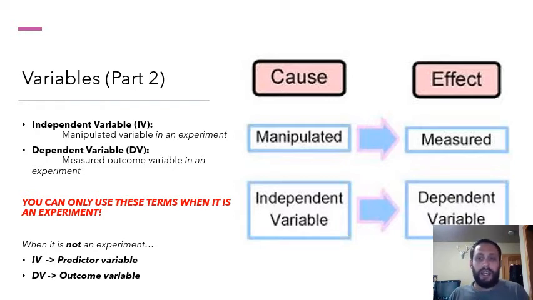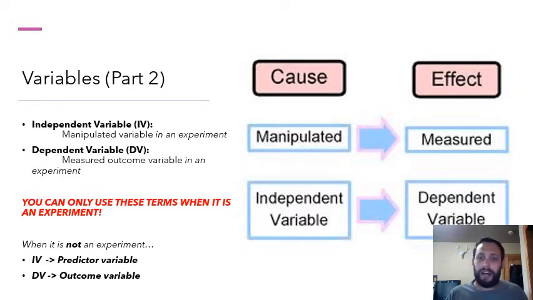So think about it this way. If I manipulate some condition of a study, let's say I make it so that there's loud music in one room and I put no music in another room, and I see how that does on something like test scores, right? So if somebody is trying to take a test with really loud heavy metal music, my hypothesis would be that individuals in the heavy metal music condition will do worse than individuals in the no music condition, because I would think that it would be distracting towards their test.